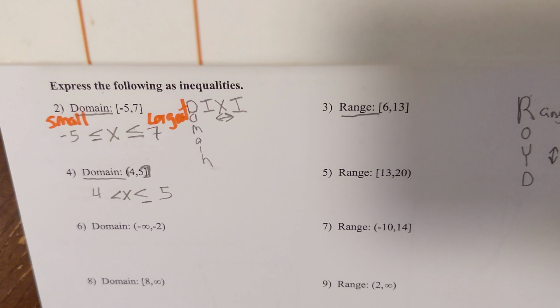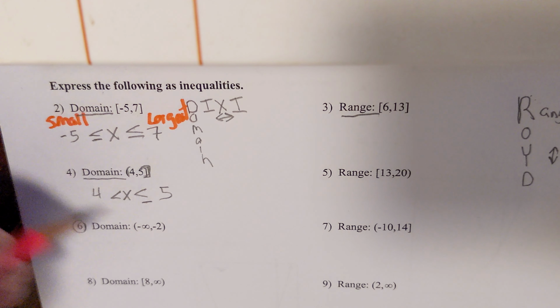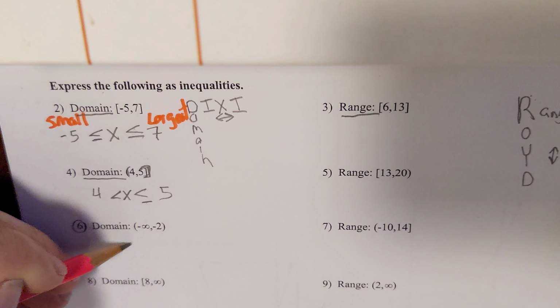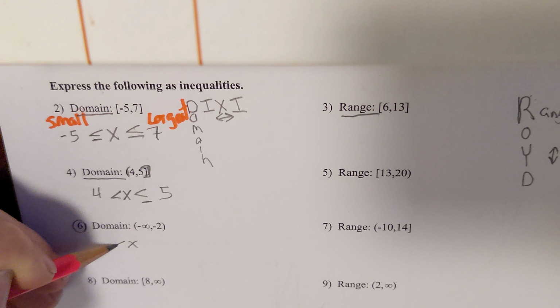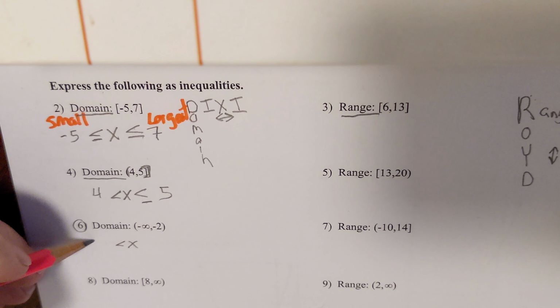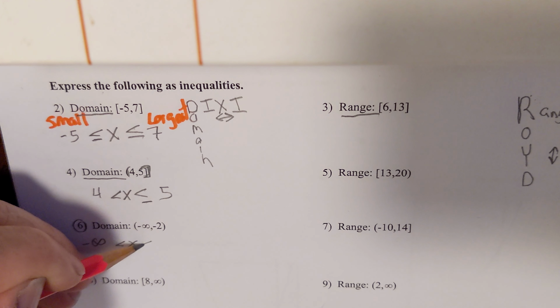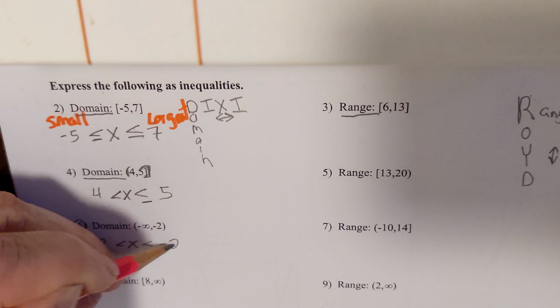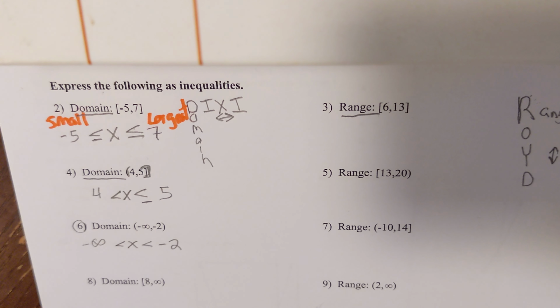Let's take a look at one with infinity in it. Number 6. We have between -infinity, which is the smallest of any numbers, and then it goes all the way up to -2, which even though it's a very small number, it is the largest in this series.